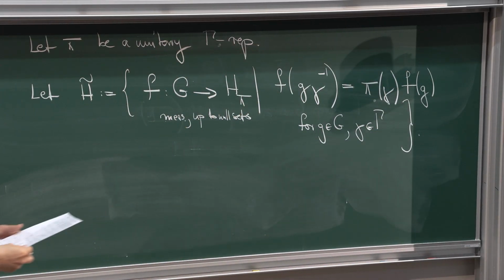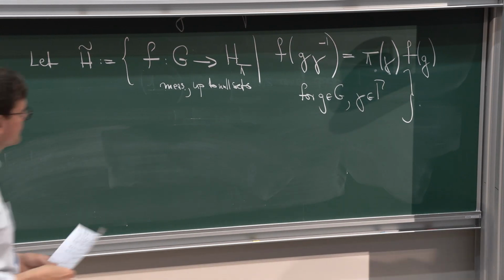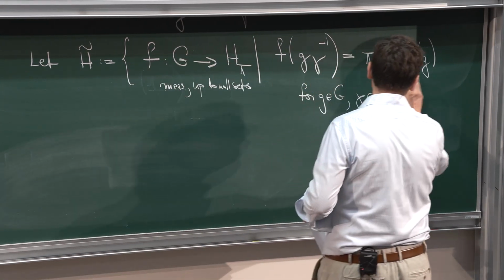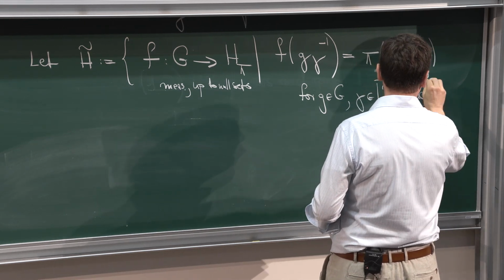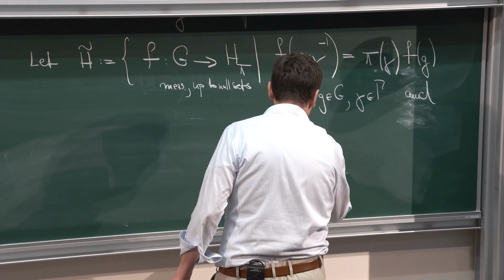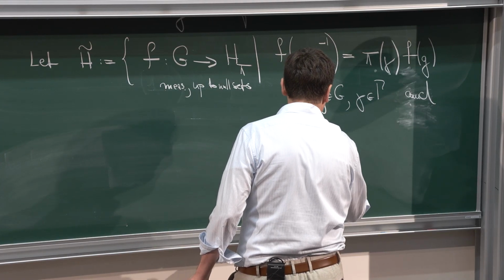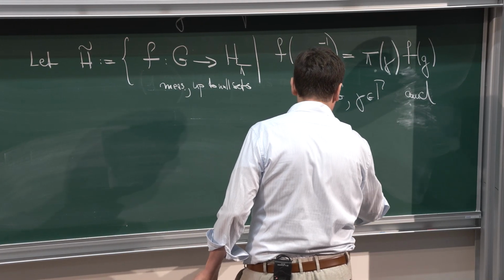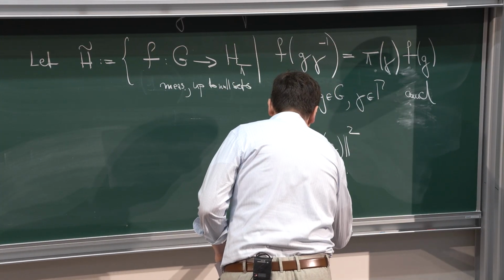All right, and there is something missing: the L2 condition. What's the L2 condition? We look at the norm of f(g), and we integrate over not G, but G mod gamma.